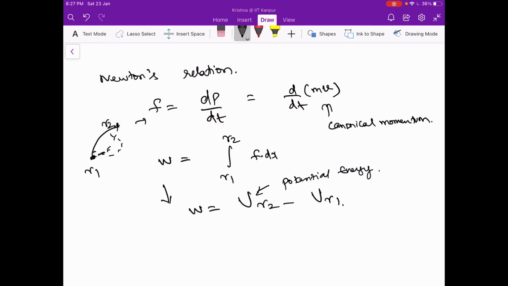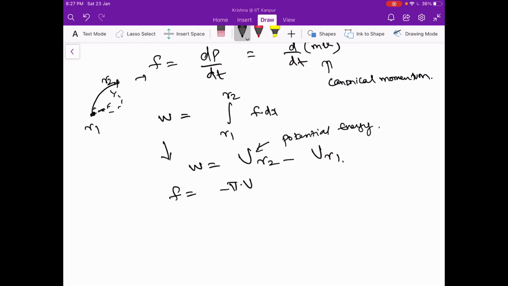Gravity is a conserved force, and forces like that, in which the work done by the force is independent of the path that is taken, right? And such a force is written as minus del U. So U is called the potential energy, and every particle has that energy if it goes from one place to the other, where the energy changes irrespective of the path that it takes.